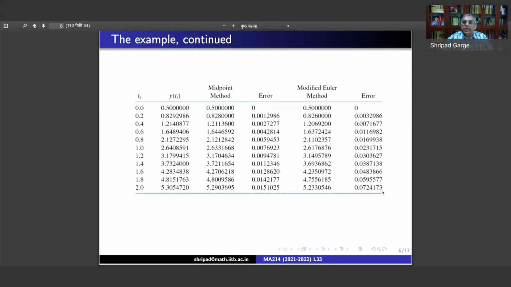So the error is slightly worse in the modified Euler method. Although we have 4 parameters, we are putting some relations between them, and therefore we are getting the modified Euler method, but the errors are somewhat bigger than the error that you would obtain for the midpoint method.